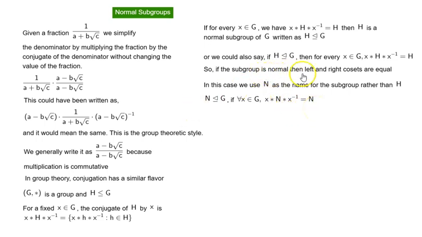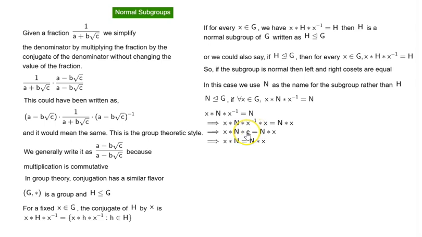Now, remember I said, if the subgroup is normal, then left and right cosets are equal. How can I say that? This is how. As per the definition, we have x times the normal subgroup times x inverse equal to N. Now here on both left and right sides, we carry out the group operation with x on the right. So what happens?